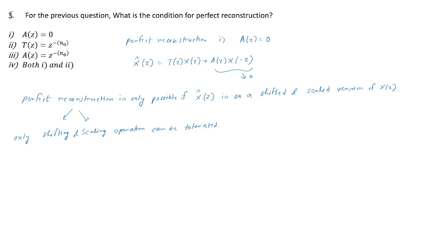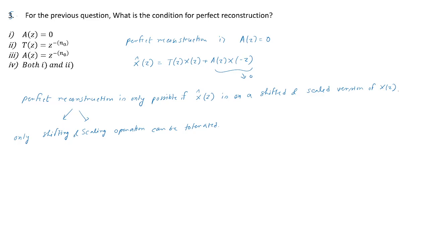Now these are the operations where you can find an analogy with a linear time invariant system, LTI system. You introduce these two kinds of operation, only shifting and scaling, because you can see in an intuitive way that if your estimated signal x hat of n is only a shifted and scaled version of the input signal, then you can perform the reverse operation.